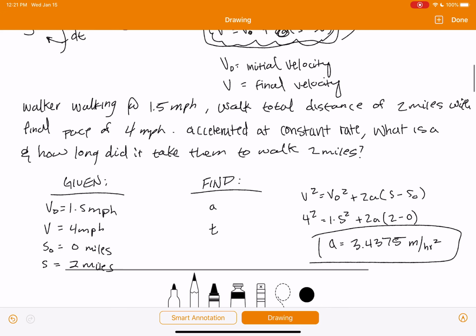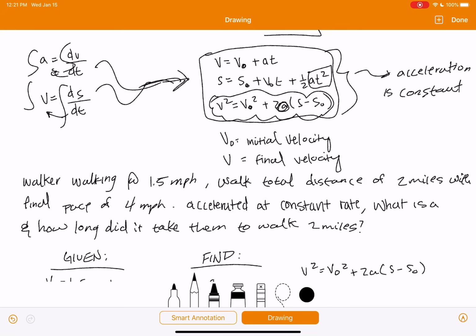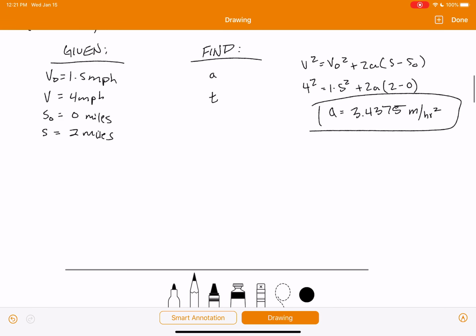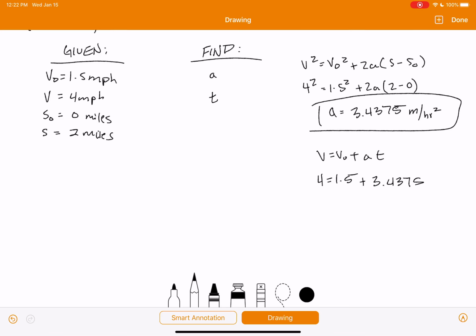And then I can use that to plug into any of these other equations to solve for my time. Now this equation is smaller, so I'm just going to use that one. So we've got v equals v naught plus at. So we'll get 4 equals 1.5 plus 3.4375 t.